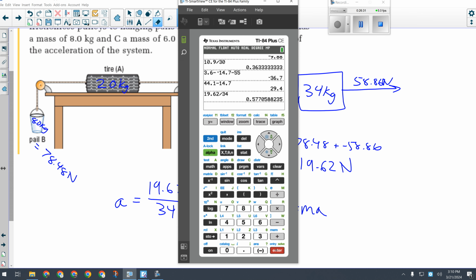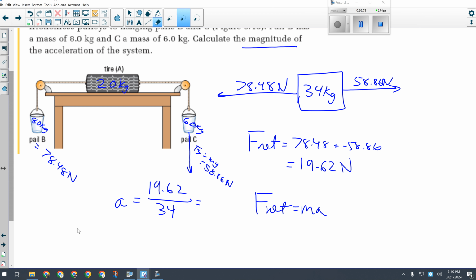All right, so the acceleration is 0.58 meters per second squared. And I leave it at that because I can't give a direction, and the question only asked for magnitude. Again, not much to that question in terms of what you write down on paper, but there's a lot that goes on inside your head, hopefully.